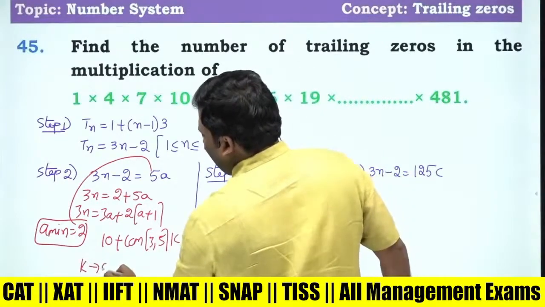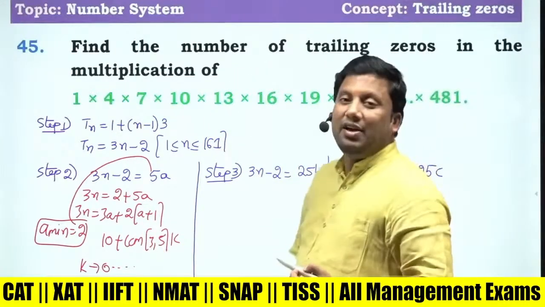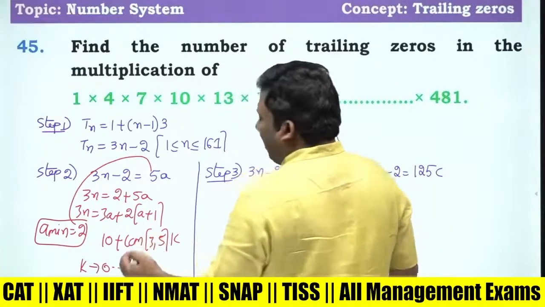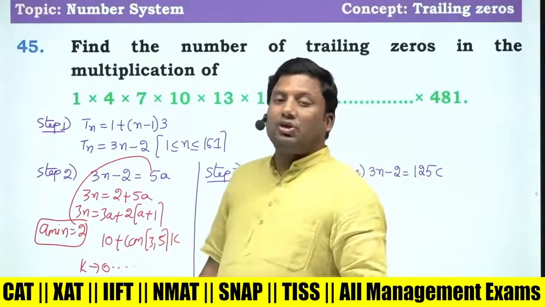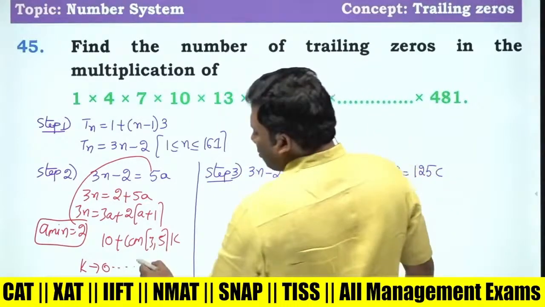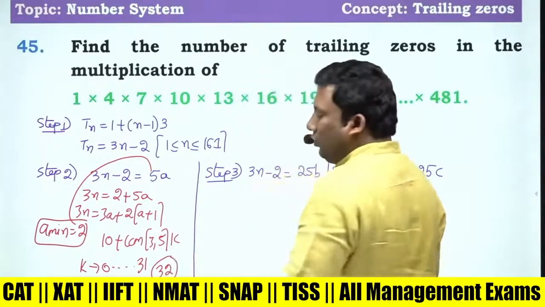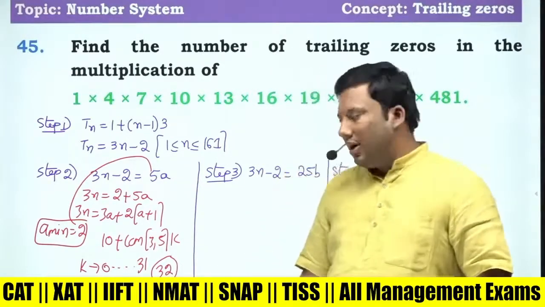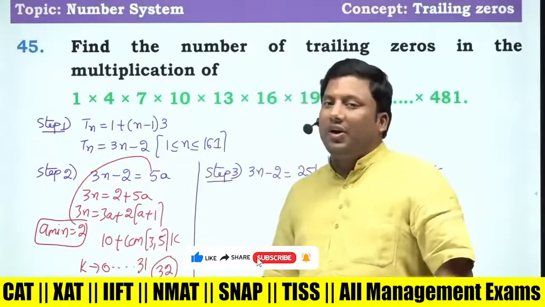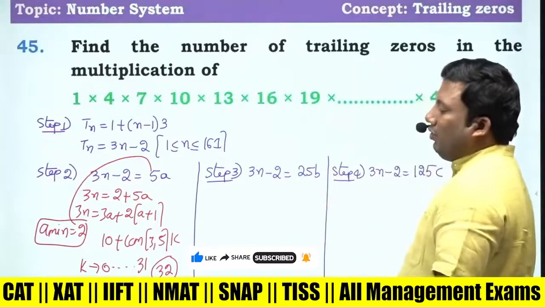K value can range from 0 to 31, since 15 into 32 is 480, 480 plus 10 is 481. So 32 values. 10, next is 10 plus 15, 25, 25 plus 15, 40, like that. All these are multiples of 5. Each one will give 1 power of 5.